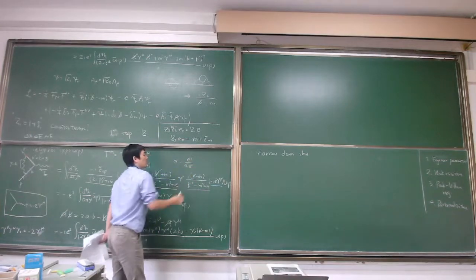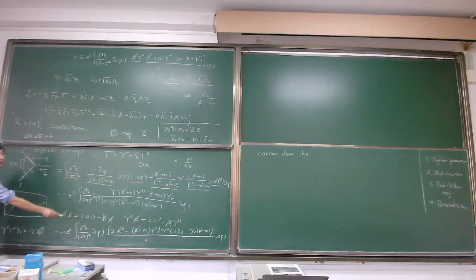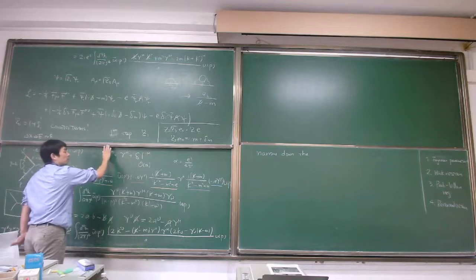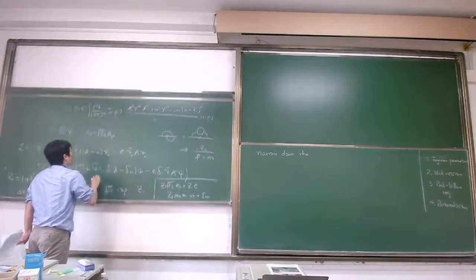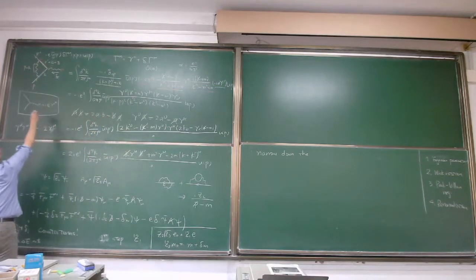So e squared is already appearing in here. Since you have a 2 vertex, it's just an order alpha correction. So that's delta gamma. So this delta gamma is the first quantum correction to this vertex.